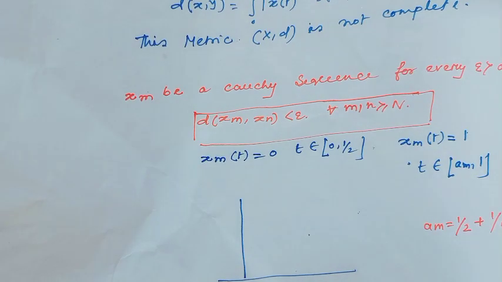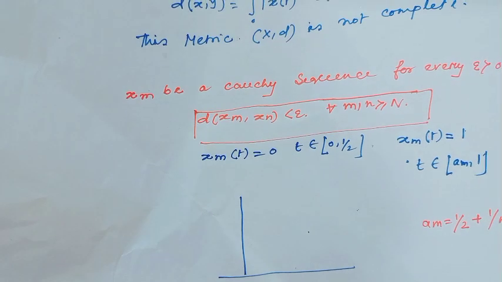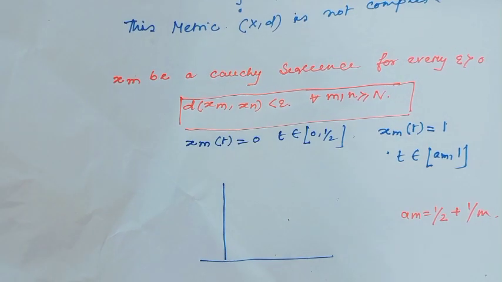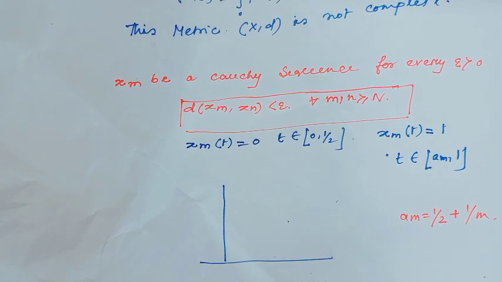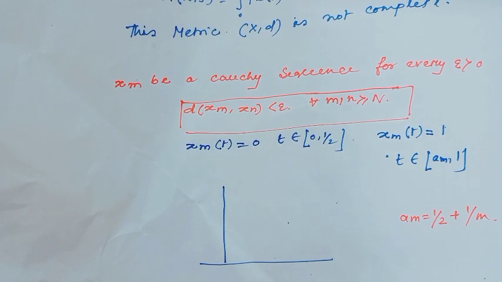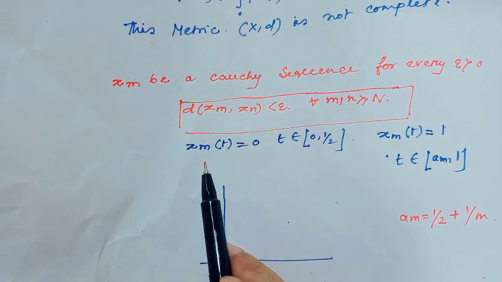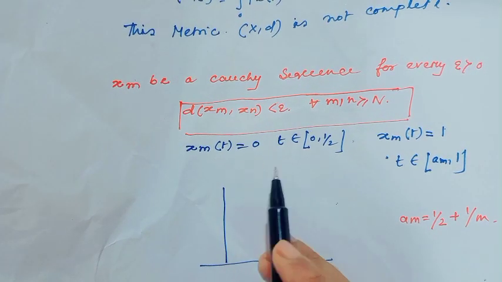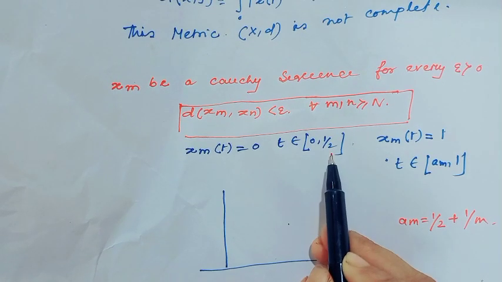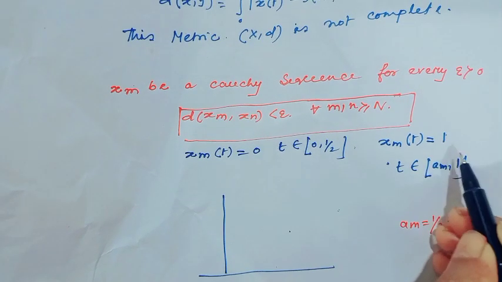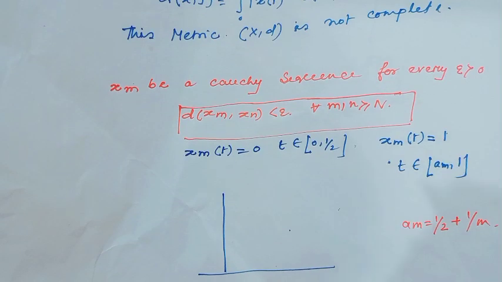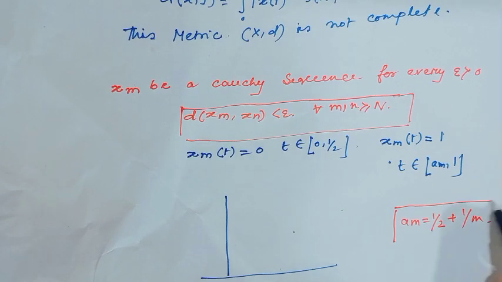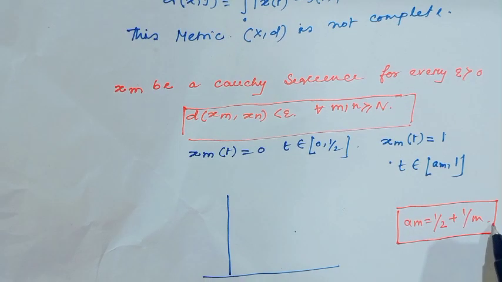Consider x_m a Cauchy sequence, so for every epsilon greater than 0, the distance between x_m and x_n is less than epsilon for all m and n greater than or equal to capital N. And define a new function of this type: x_m(t) equals 0 when t belongs to [0, 1/2], x_m(t) equals 1 when t belongs to [a_m, 1], where a_m is 1/2 plus 1 over m.